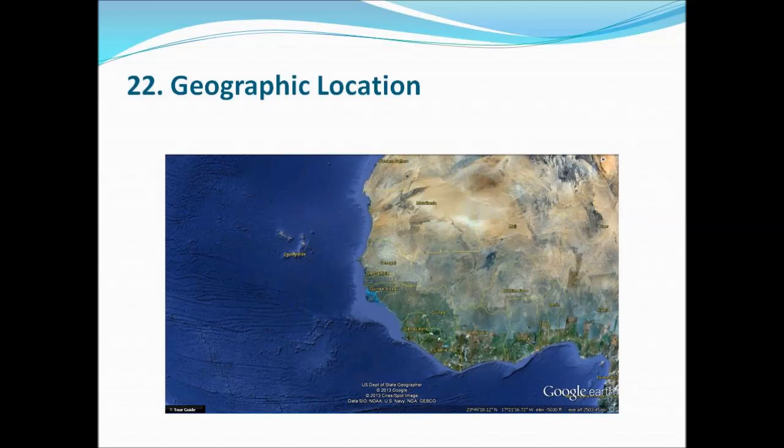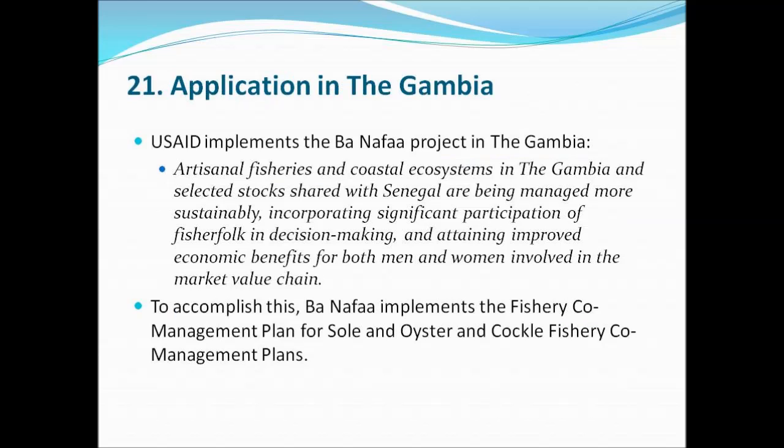Co-management is basically when, in fisheries co-management, you have the government and you have other stakeholders managing together. So it's not just government and it's not just communities. It involves all fisheries stakeholders.